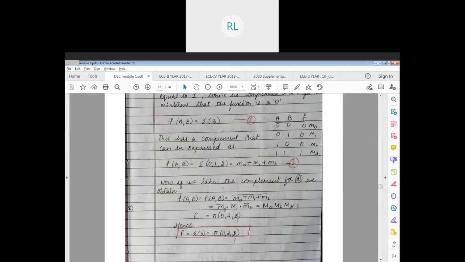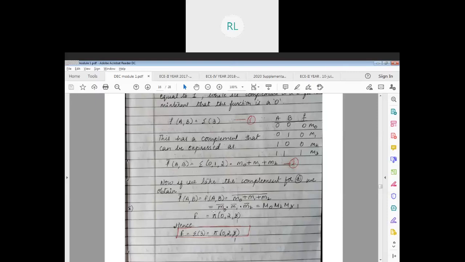I can put that bar here on M0, M1, M2. So once the bar is there, using De Morgan's theorem, I can split it up. M0 bar plus becomes multiplication into M1 bar into M2 bar, right? I am able to split them.